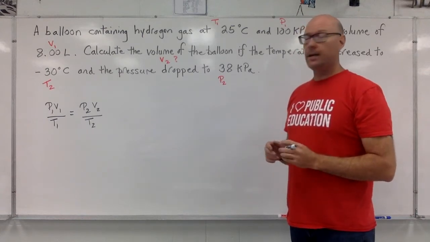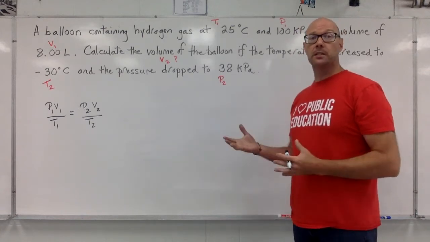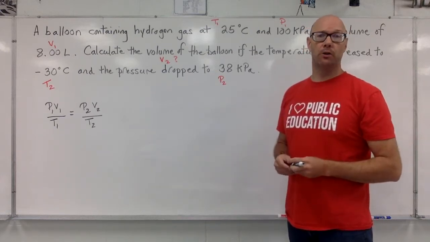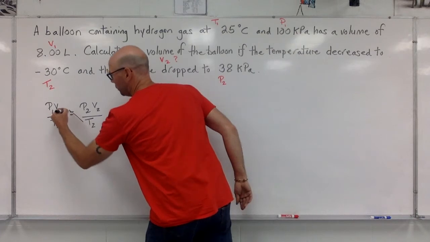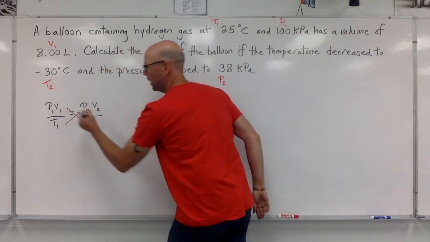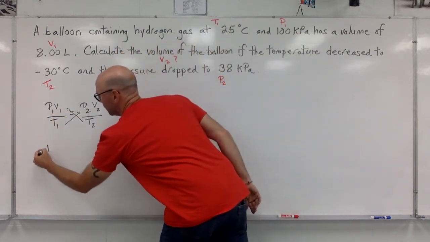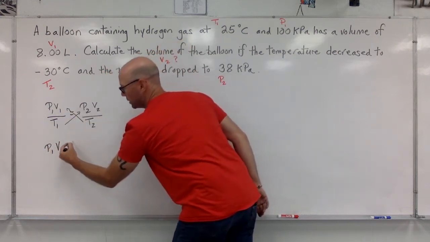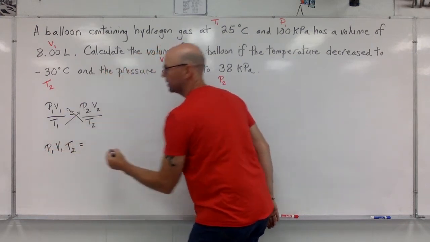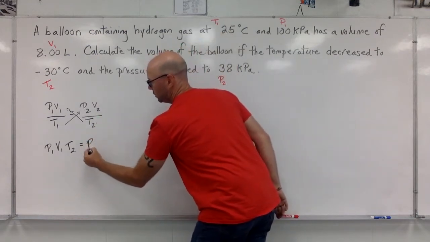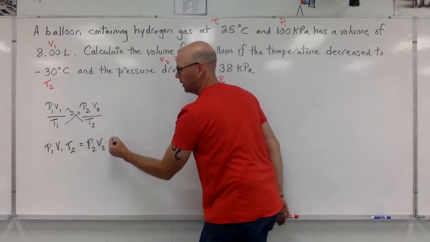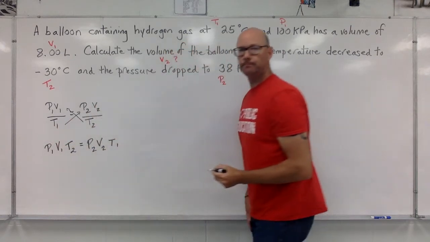Our first step is to multiply both sides by T1 and T2, which is easier to say. Let's cross multiply. That's going to give me P1 V1, and that T2 goes up there, T2. That's going to equal P2 V2, which were already there, and the T1 comes up.